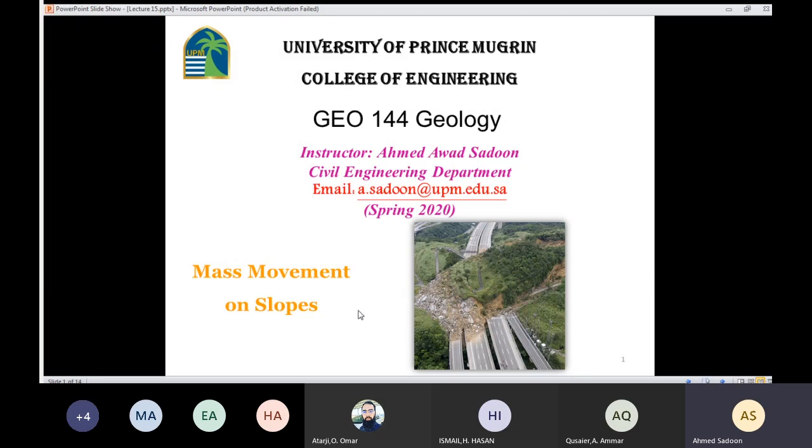And mass movement is very crucial in civil engineering because, like you can see in the picture here, if you are going to have a mass of soil which collapses like this in a street, it's going to block the movement, and also it's going to destroy the road here.